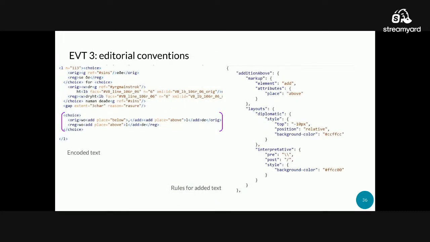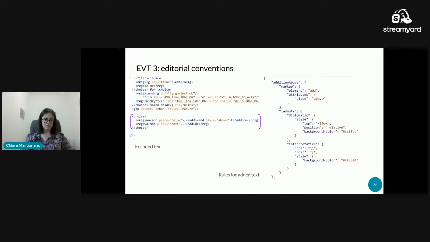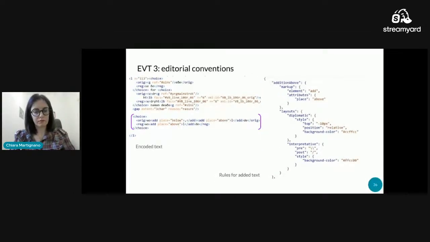Another feature which I've wanted for a long time, as you know, sometimes digital publication tools force you to adopt, how can I say, a fixed view of the text, in particular of the editorial conventions.